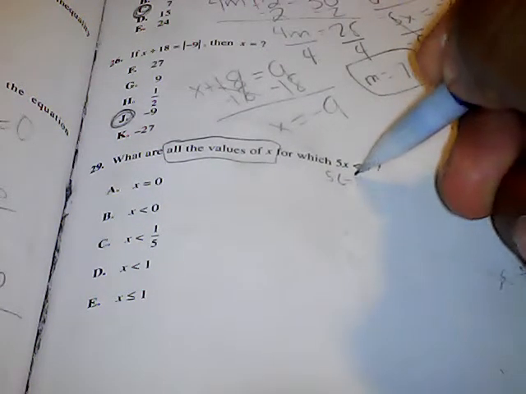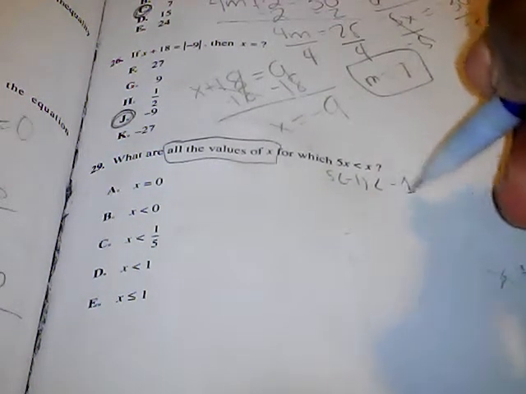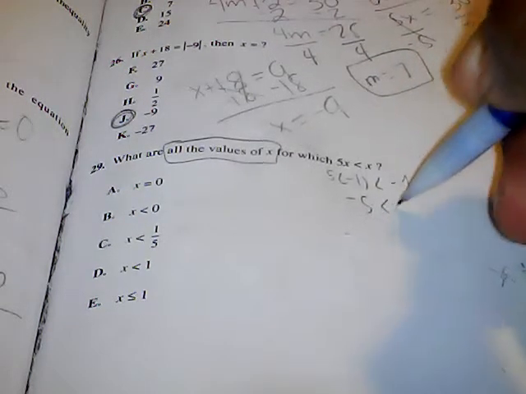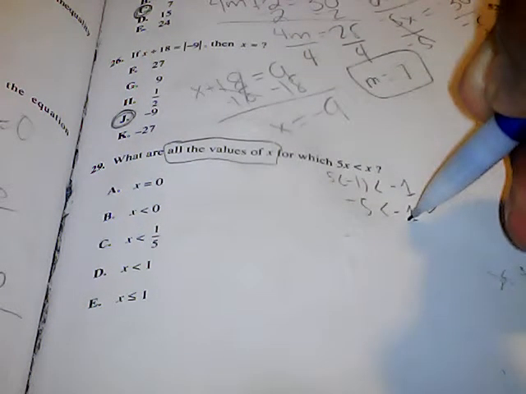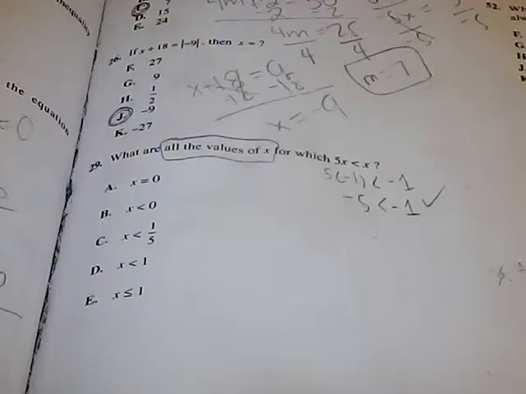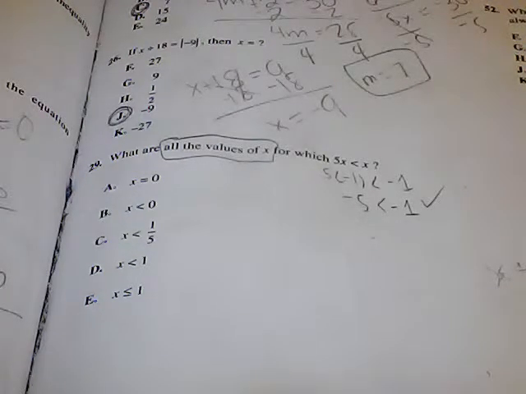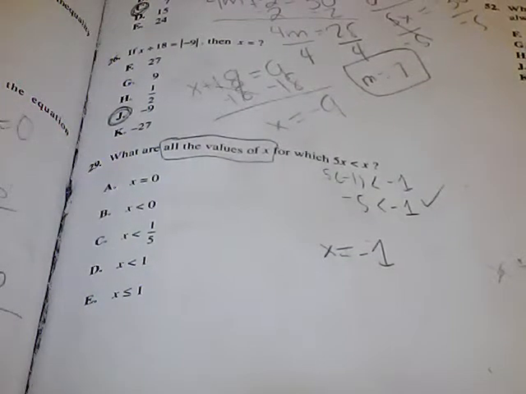So let's substitute negative 1 in for x. When we do that, we get negative 5 is less than negative 1, which does add up, and it's true.